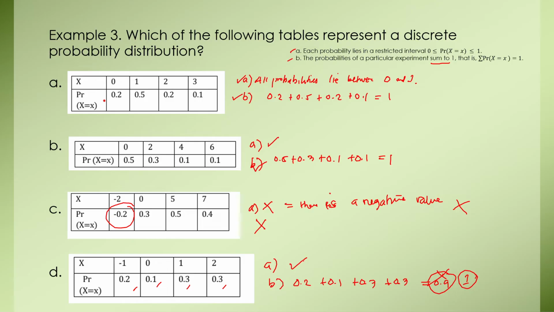And B, the probabilities of a particular experiment sum up to 1. So if you add the probabilities, they should sum up to 1. If these characteristics are met, then this would represent a discrete probability distribution.